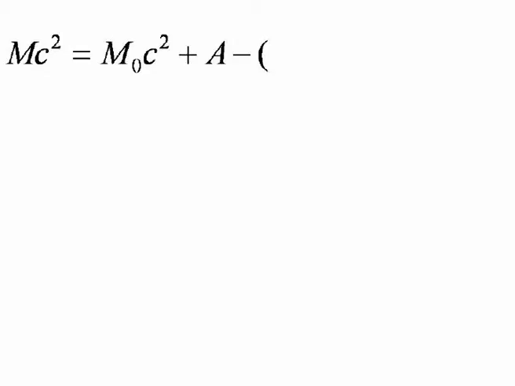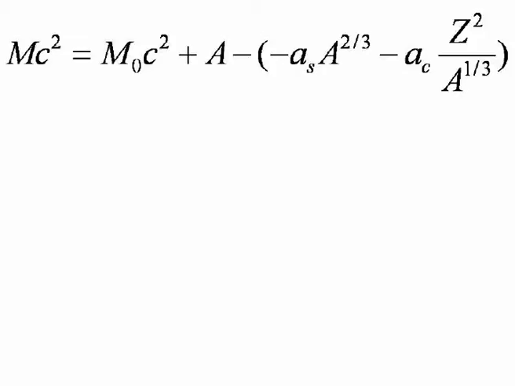So, here it is minus a_s times A to the power 2/3 and minus a_c times Z squared divided by A to the power 1/3. For these fission reactions, Z is more than 50 or so, so Z minus 1 can be written as Z. The 2 fragments m1 and m2 are equal, so double of that.